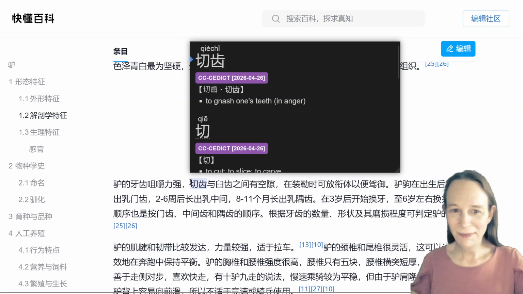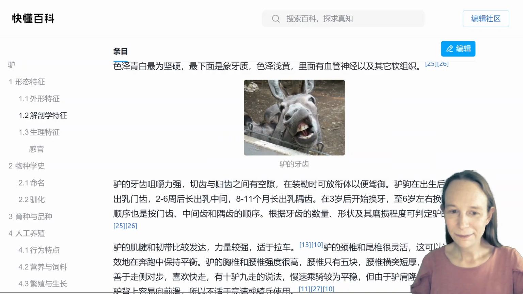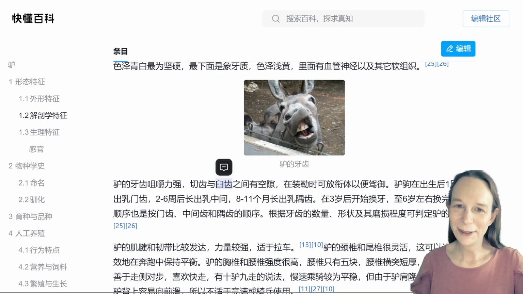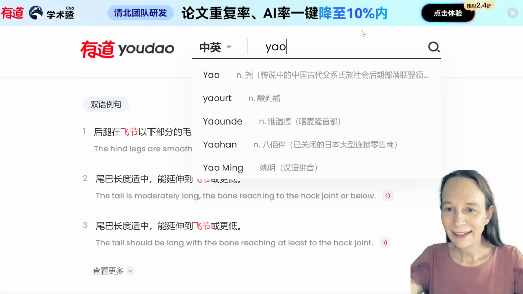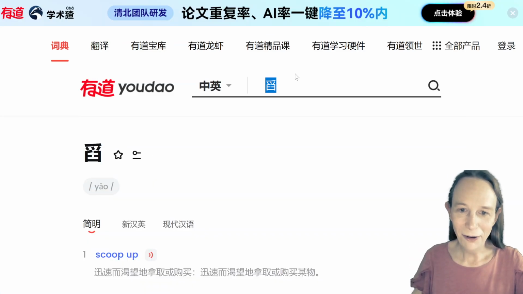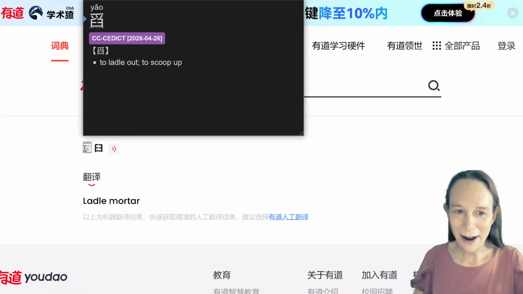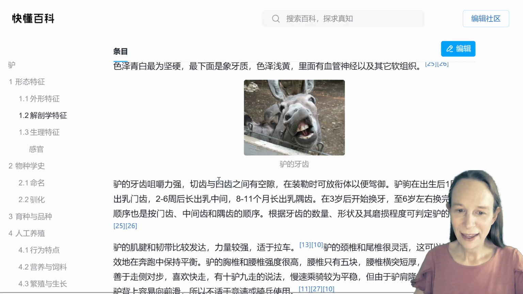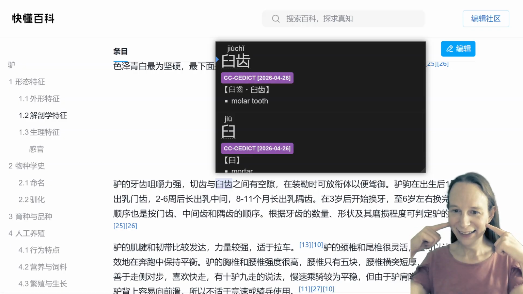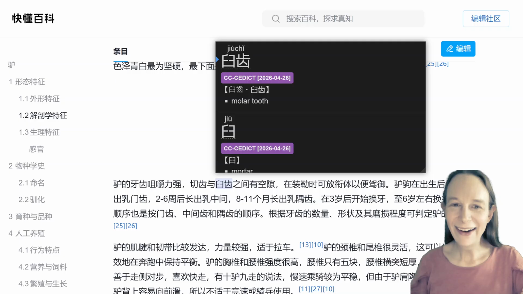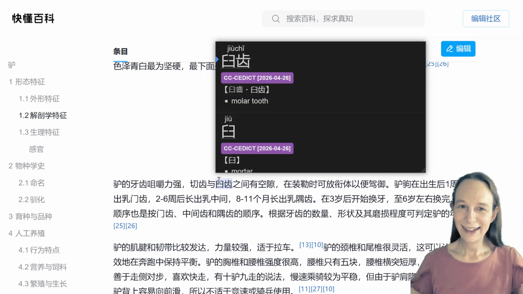Sorry, there's another character which looks similar. So this is 臼, and this is 咬. So this is 切齿, and this is 臼齿.